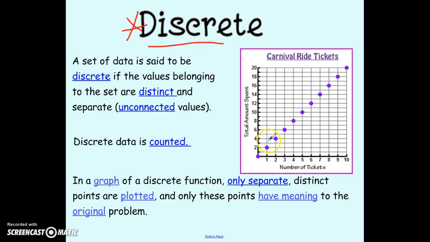We're counting tickets. I can buy 1 ticket, 2 tickets, 3 tickets. In a graph, they're separate, distinct points, and they're plotted, and only these points have meaning to the problem. The things between it do not have meaning to the problem. So we've talked about this before, you just have never heard it called discrete. So that's the only new thing going on. So make sure you have all these words filled in before you continue.